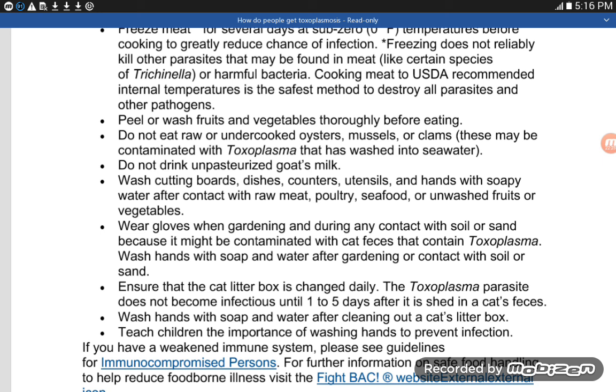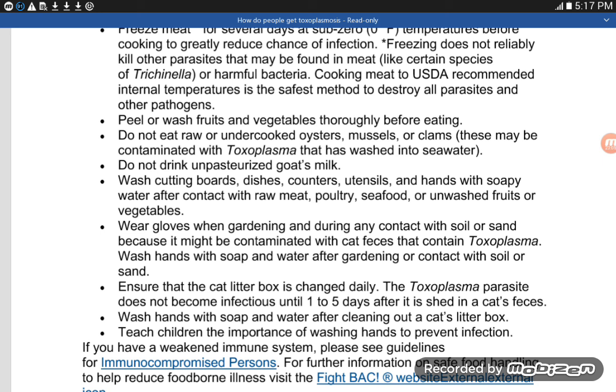So every day when you are cleaning, they are immediately removed and washed out. But if you are washing after 5 or 6 days, even if the cat is positive for the Toxoplasma parasite, the feces contain infected stages. So when the infected stages are shed with the cat's stool and you clean after 5 or 6 days, it becomes infective, right?